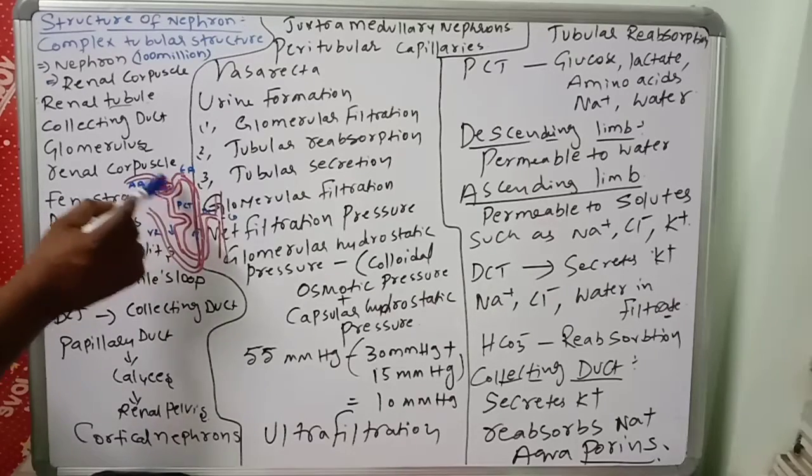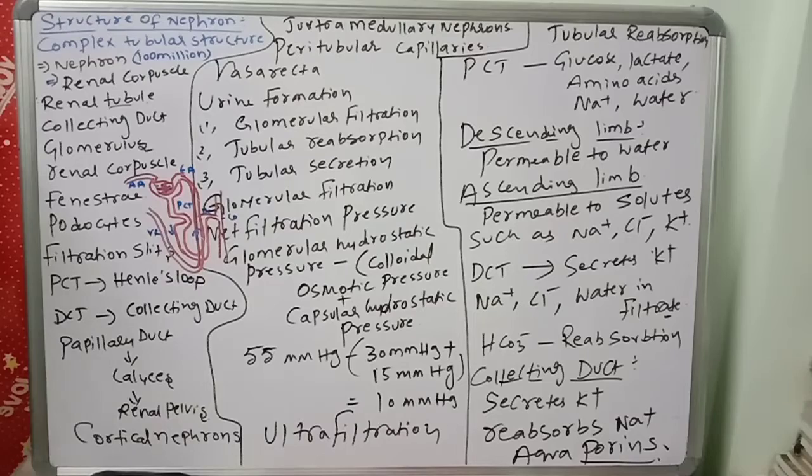It is a double-walled cup which encloses a ball of capillaries that delivers fluid to the tubules, called the glomerulus. The Bowman's capsule and glomerulus together are considered the renal corpuscle.